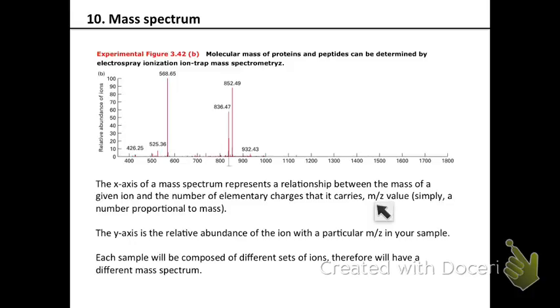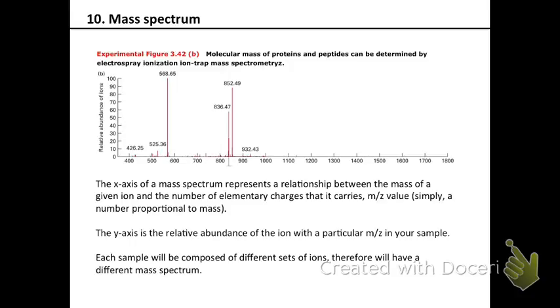And in a simple sample, like I said, where each ion has exactly the same charge, this x-axis is going to indicate the mass of each ion, right? So the x-axis is simply the mass, and the y-axis is the relative abundance of the ions. How many times the detector saw that ion, right? So in this case, it saw an ion of m/z ratio 568.65 100 times, and it saw this ion less than 10 times, etc., right?